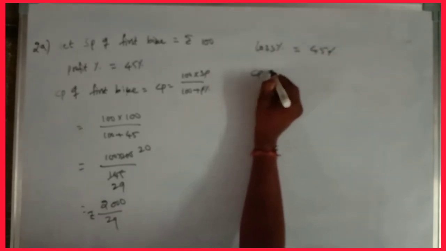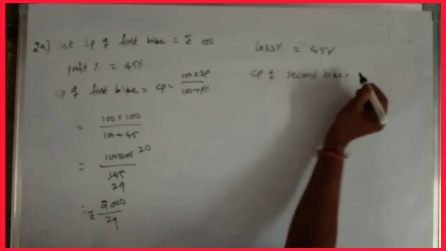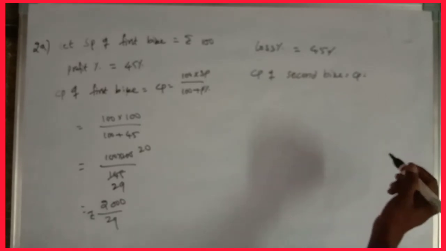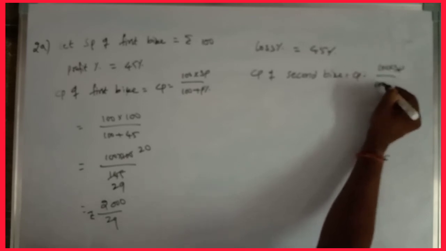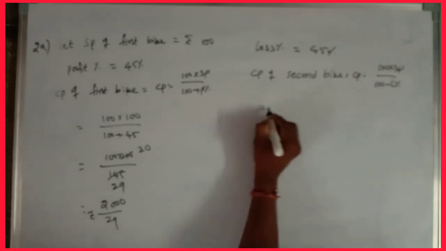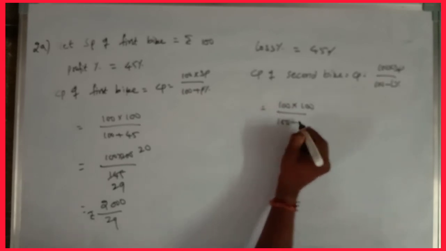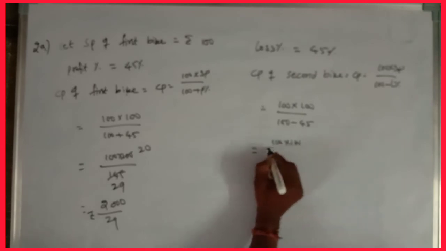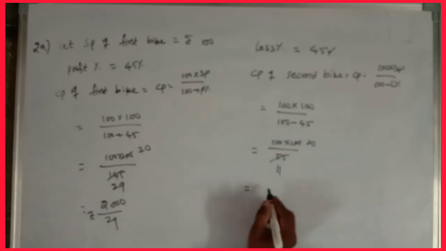CP of second bike is equal to 100 into SP by 100 minus loss percentage. That's equal to 100 into 100 by 100 minus 45. So that is 100 into 100 by 55. 5 11s are, 5 20s are. So that's equal to 2000 by 11.